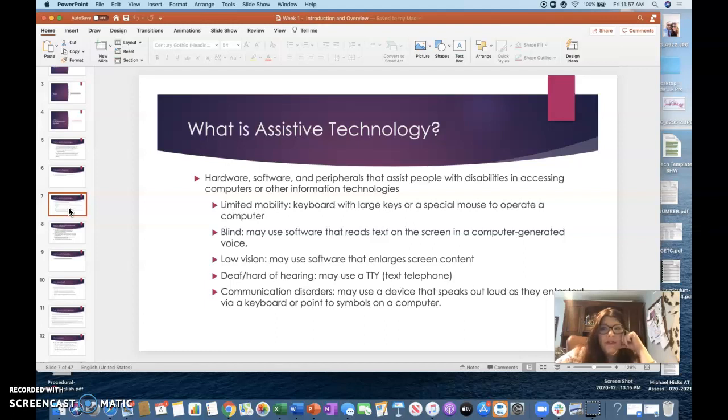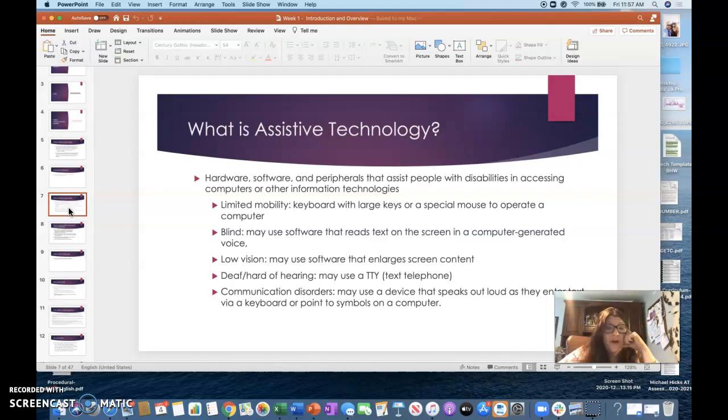Some examples could include students and individuals and adults with limited mobility, such as a larger keyboard with keys or a special mouse to operate the computer. It could include individuals who are blind that requires software to read a text on a screen that's computer generated. It could look at low vision, where low vision users may need a software that enlarges or makes the content of the screen bigger so they can see it easier.